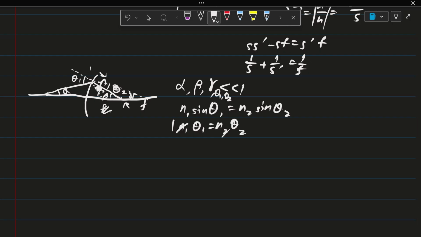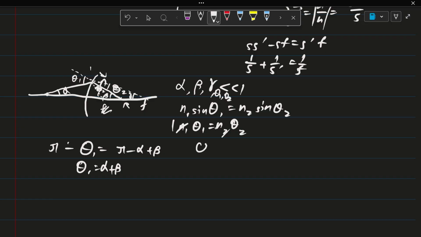But we could also see the relation between theta 1 and some of the angles. So what we see here is that pi minus theta 1 should be pi minus alpha plus beta. Or pretty much this is a relation of a triangle in which the angles should sum up to pi, or 180 degrees. This is the same logic. So we get theta 1 to be alpha plus beta.